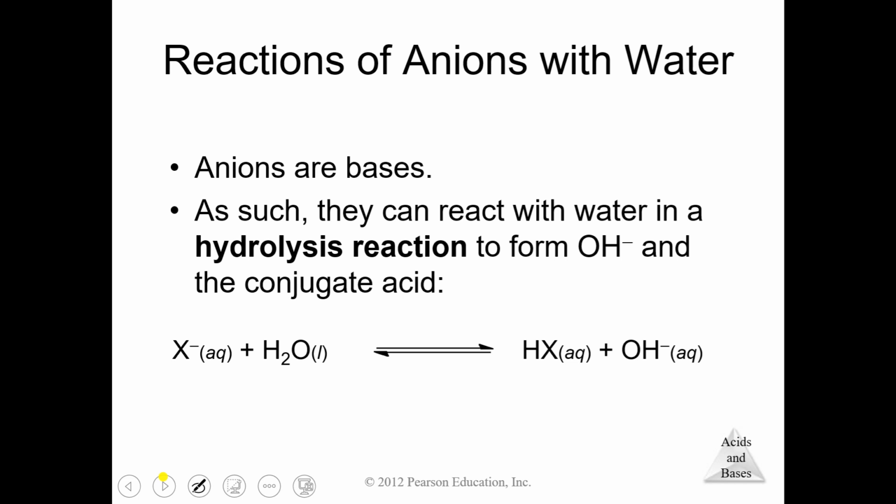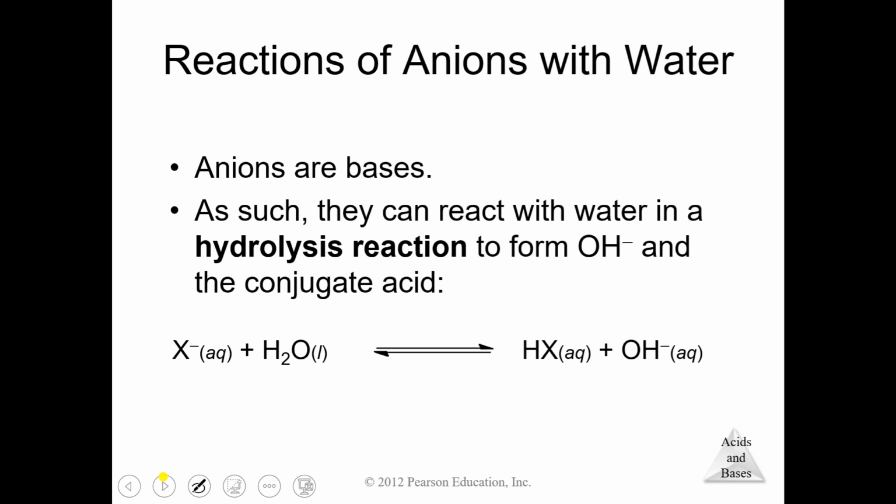So reactions of anions with water means that anions are the bases, meaning they can accept a hydrogen, and cations, or the positive entities that form, will behave as acids because they can then donate in the reverse reaction the hydrogen they originally picked up.